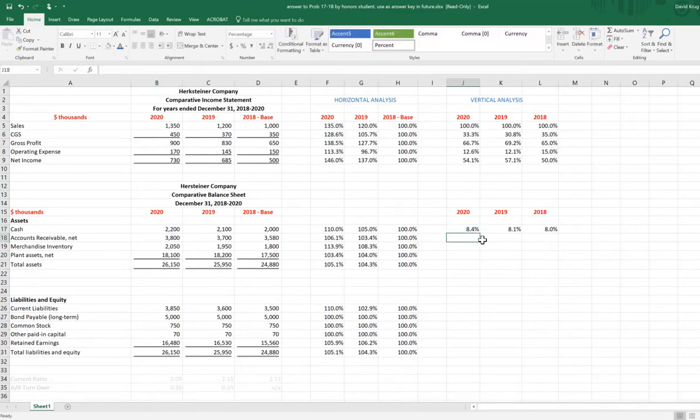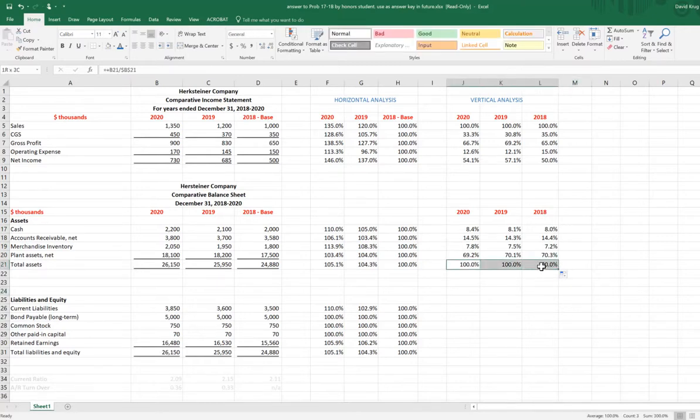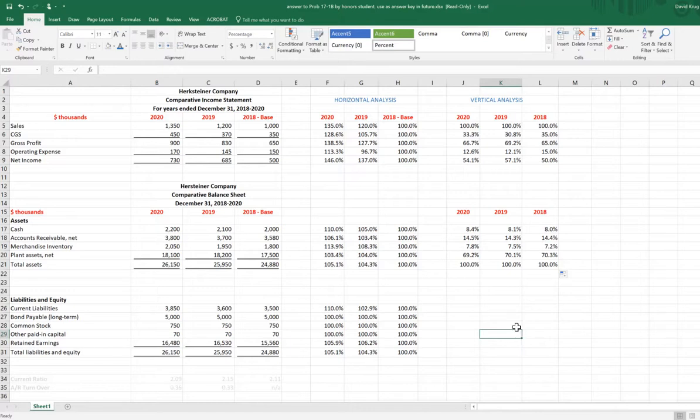Boom. Now what I can do is pull these down, and it makes sense that this line is 100%, right? Because these numbers are being divided by themselves. Okay?